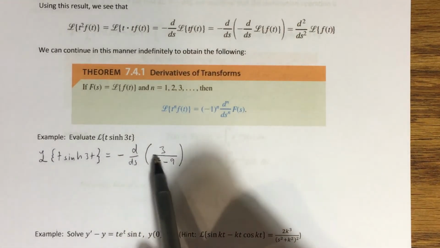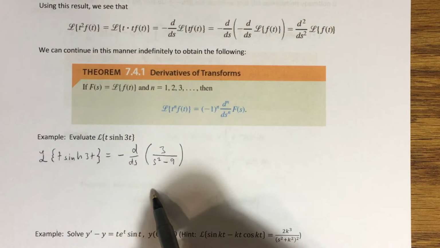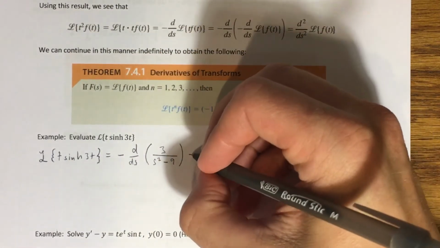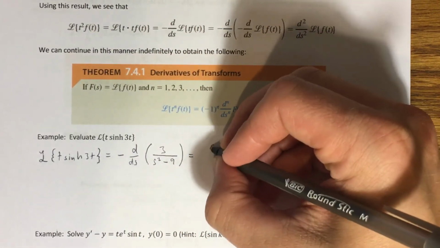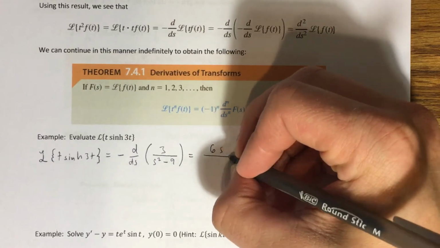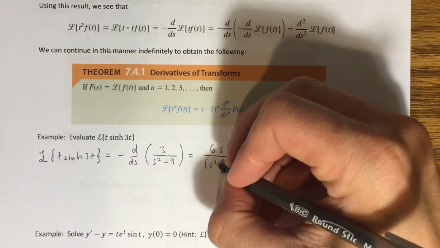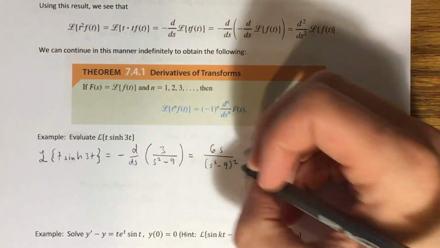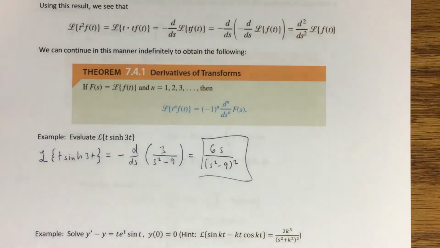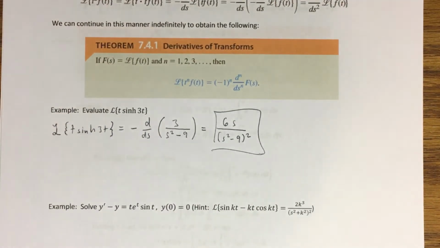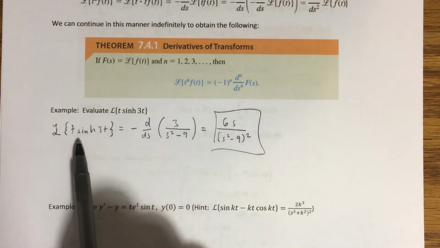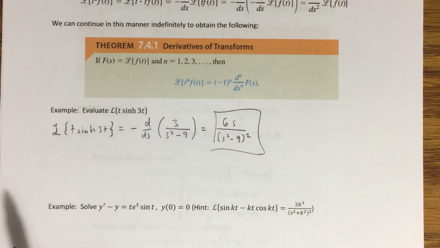I can differentiate this using either the chain rule or the quotient rule, but the differentiation, you can verify, should come out to 6s over s squared minus 9 squared. Okay, so it's not the only way that we could have evaluated this Laplace transform.